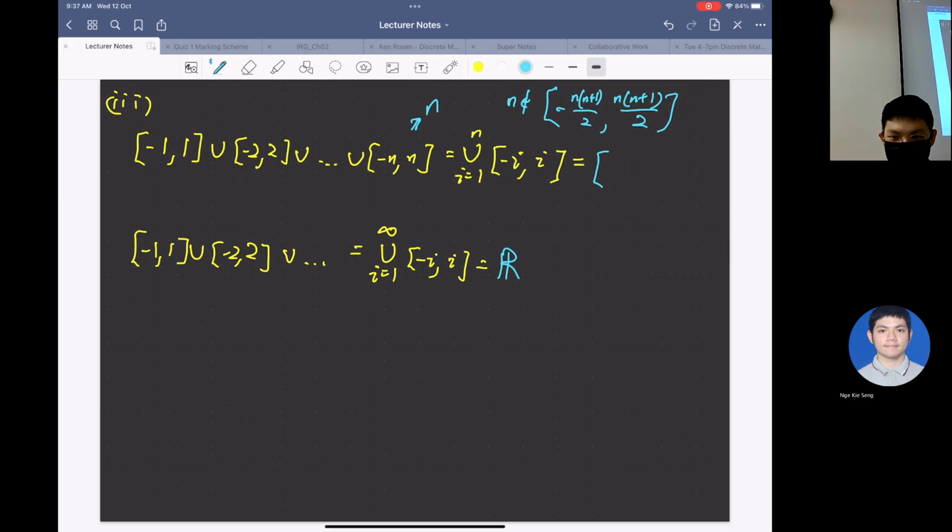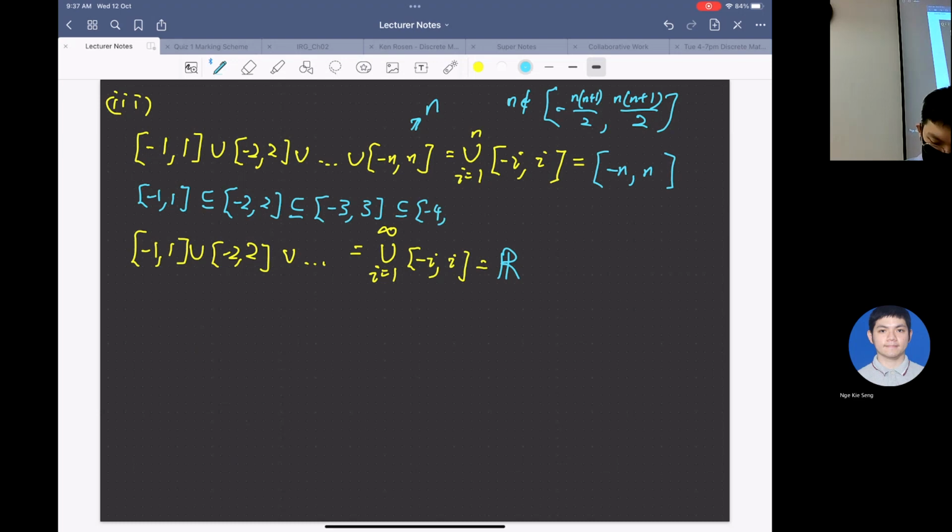So my claim is this is a closed interval from negative n to n. Right? So actually you can see from here that this one forms a chain. Of course, when you see this, you need to show the set inclusion.